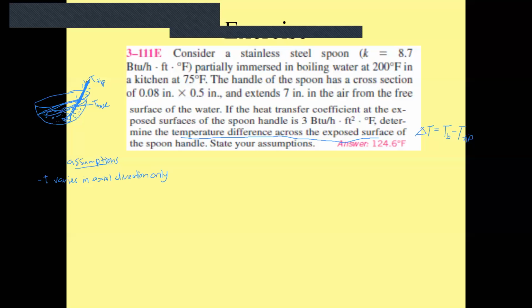If we take the spoon as horizontal like this, right? And take this axis, this is y, this is x. So going in this x direction is radial, isn't it? Yes, it's radial.